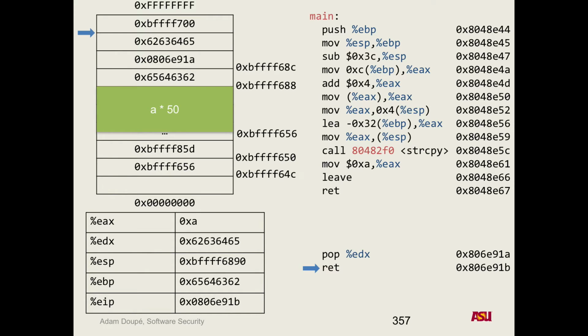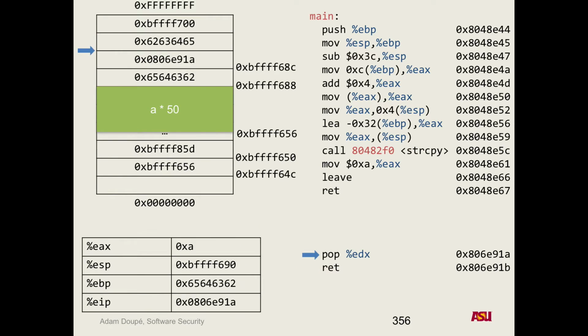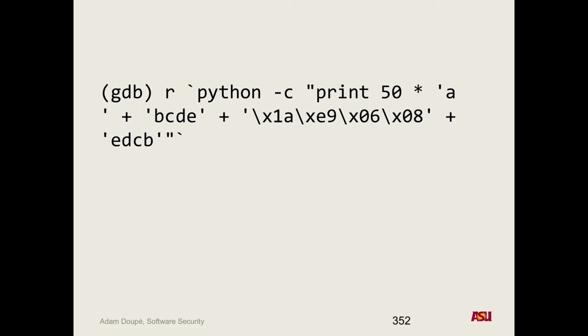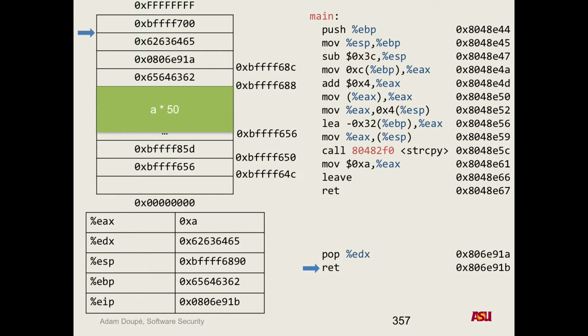If we go back to our ROP payload that we generated, we can see here was the address of pop EDX, and whatever was after this got copied into EDX by that gadget. So after this is done, after it pops, where's it going to return to? What's the next thing that's going to happen?